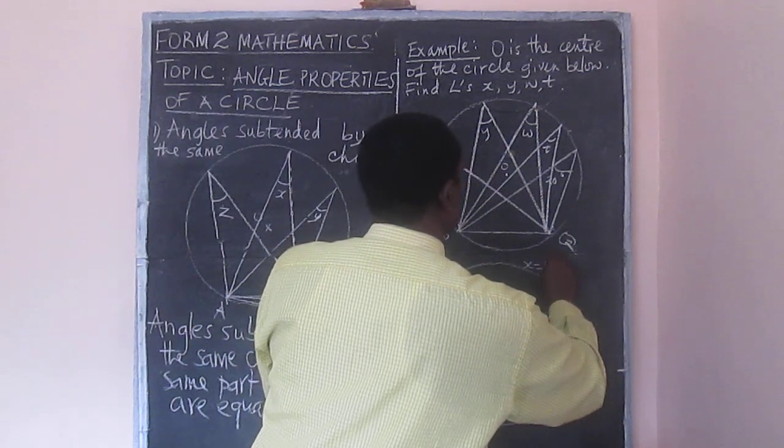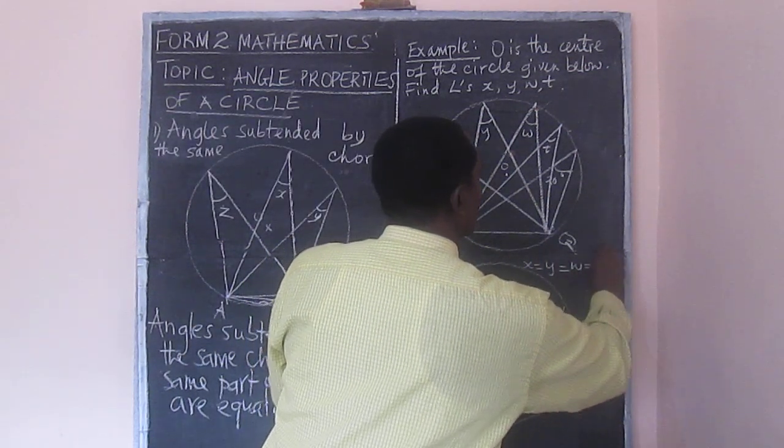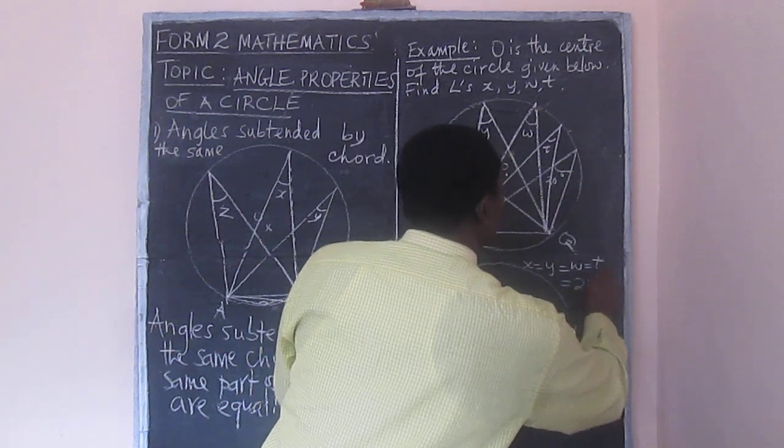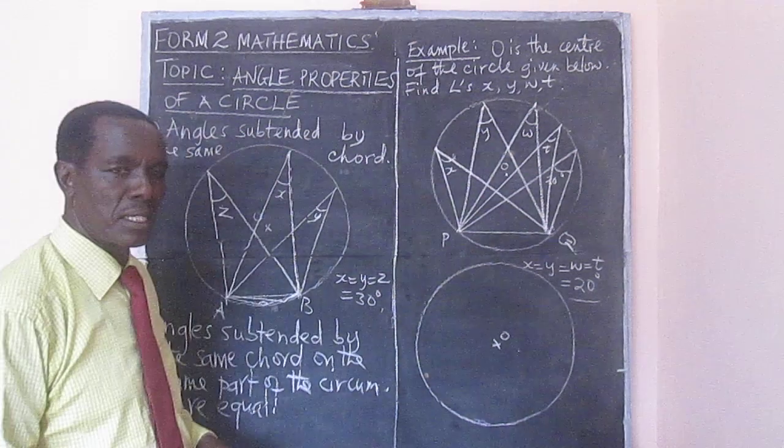X is equal to Y, W is equal to T, which is equal to 20 degrees.